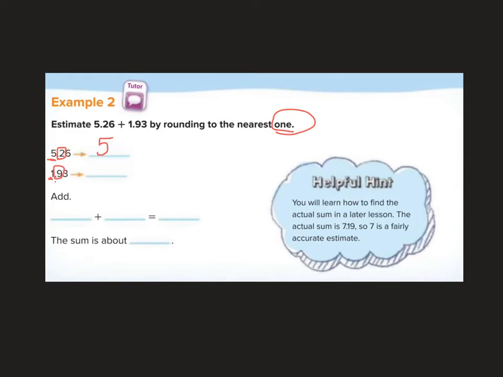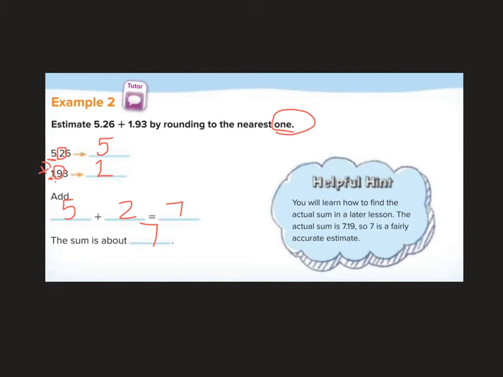Underline the ones place, circle the 9. Tells me to round up, so I'm going to add 1. So I'm going to round 1 93 hundredths to 2. 5 plus 2 is 7. The sum is about 7. So, not too bad here.